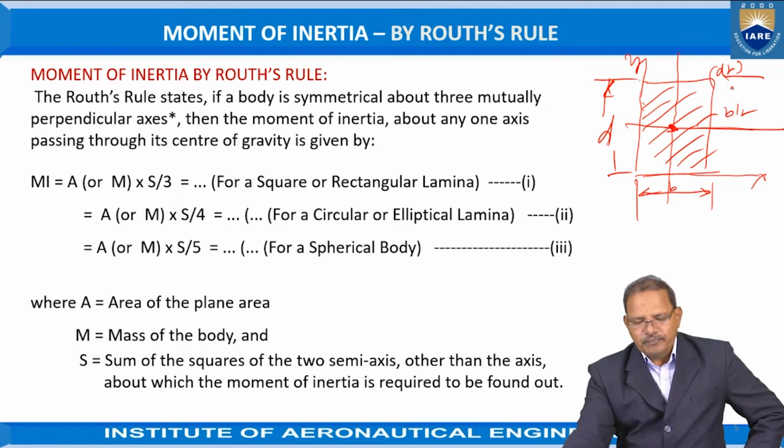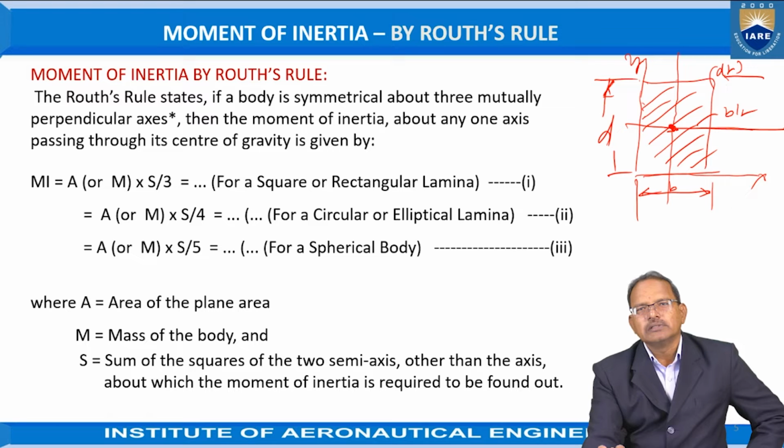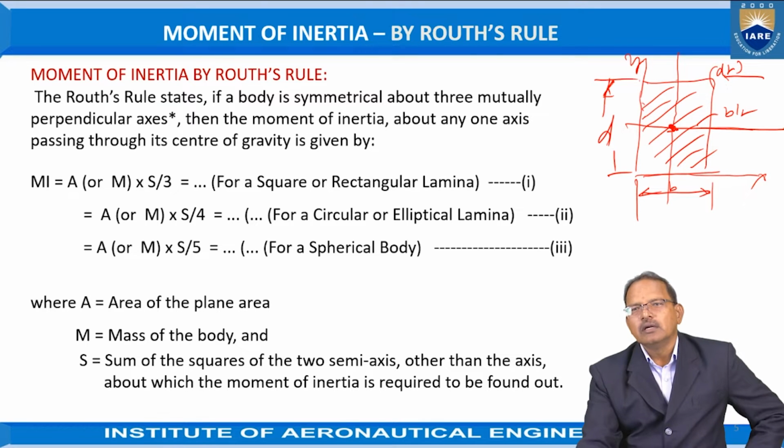Now, according to Routh's rule, the moment of inertia of a rectangle is given by the product of the area or the mass into S, where S stands for the sum of the squares of the 2 semi-axes, that is B by 2 whole square plus D by 2 whole square.